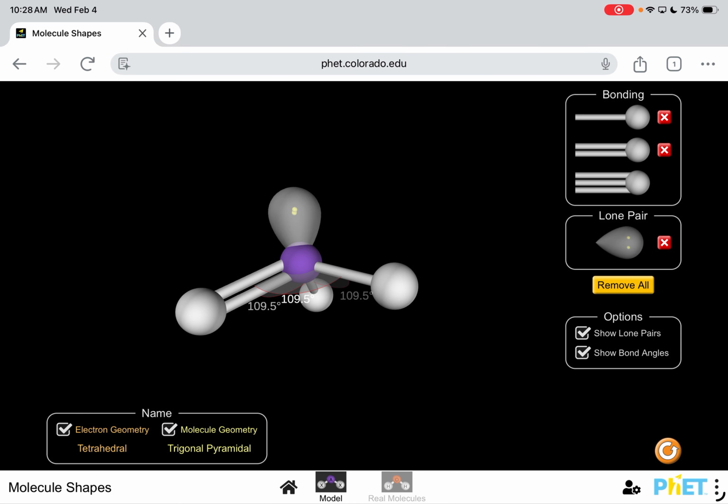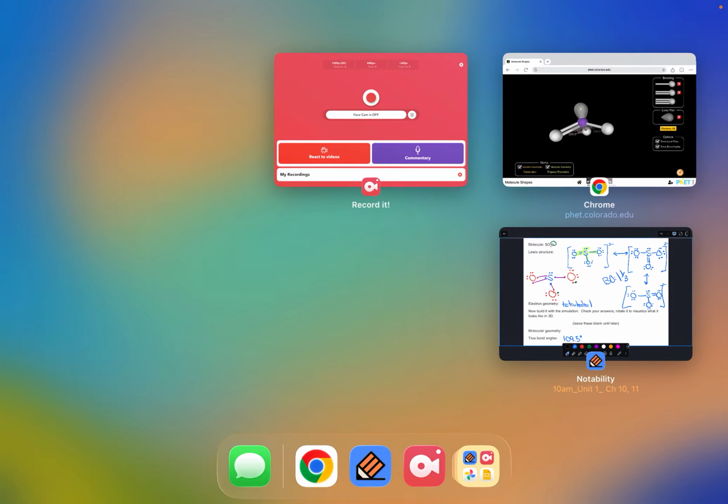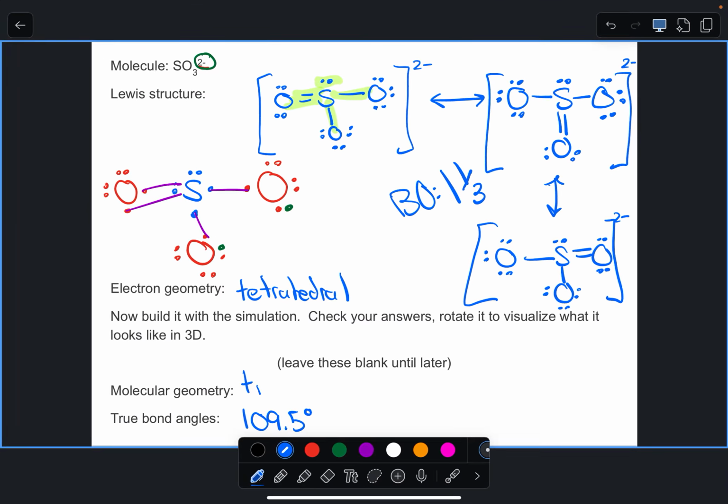If you really care, it's like 107 typically, but this really changes with every atom. So we just want you to know it gets smaller. So molecular geometry, trigonal pyramidal. Bond angle slightly less than 109.5.